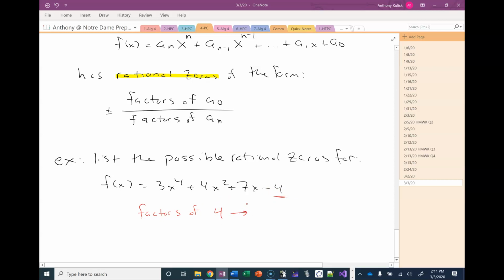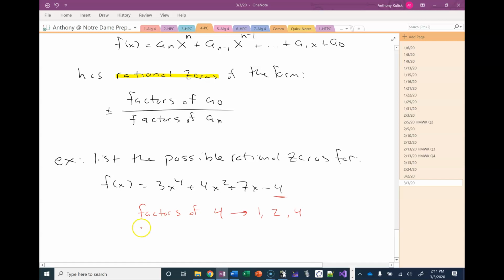So what numbers are factors of 4? Do you guys know what I mean when I say factor? 2 is a factor. There's 2 more. 1 is a factor, and 4 is a factor. These are all the numbers that divide 4 evenly.